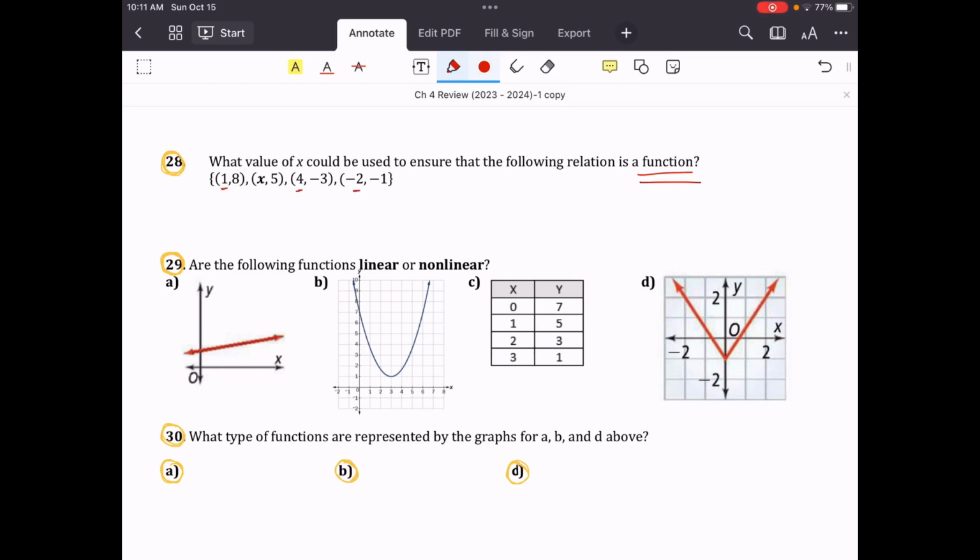So as long as we don't repeat one of those values, this will be a function. So x can be any number except 1, 4, and -2. Yep, it can be any number except 1, 4, and -2.